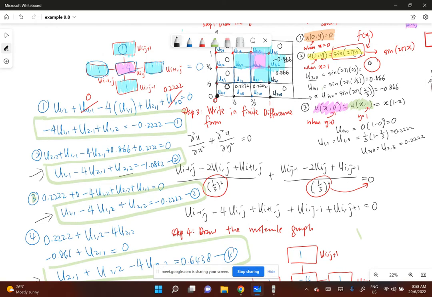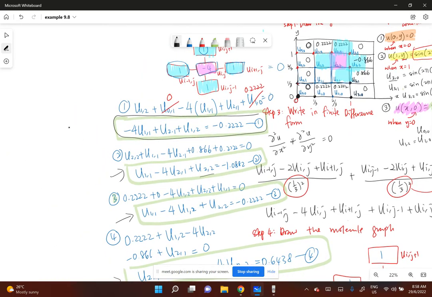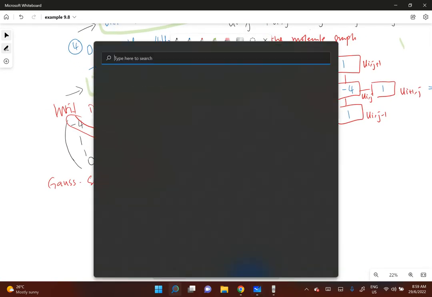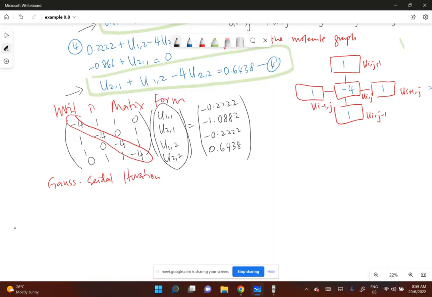From the first equation we get U11 equal to, bringing everything to the right, negative 0.22222 minus U21 minus U12, divided by negative 4. Boleh? So the rest bring to the right, same here. So I write here, starting with the first one.